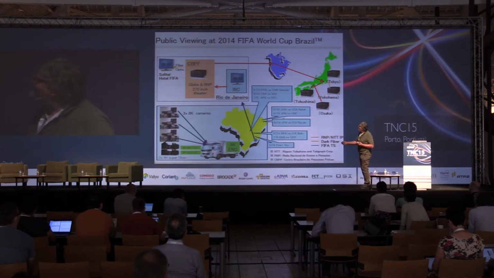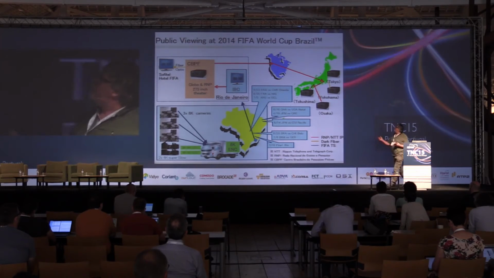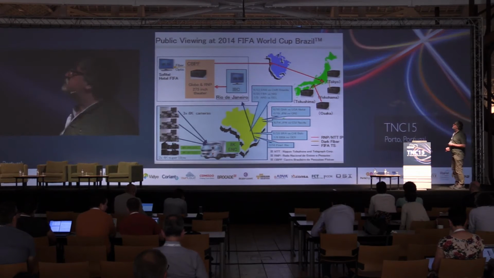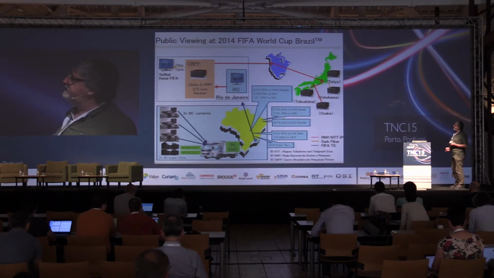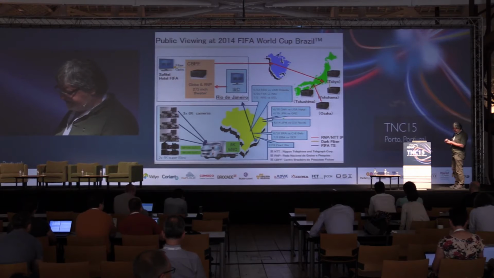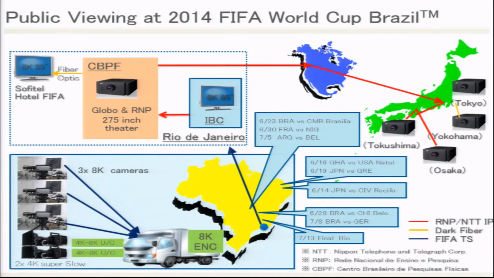Yeah, it's difficult. Anyway, I'll come back to another presentation of this shortly. But essentially, the idea was that these images were transmitted to Rio de Janeiro, displayed there, and then shipped from there across the oceans to Japan. So let's progress with that.